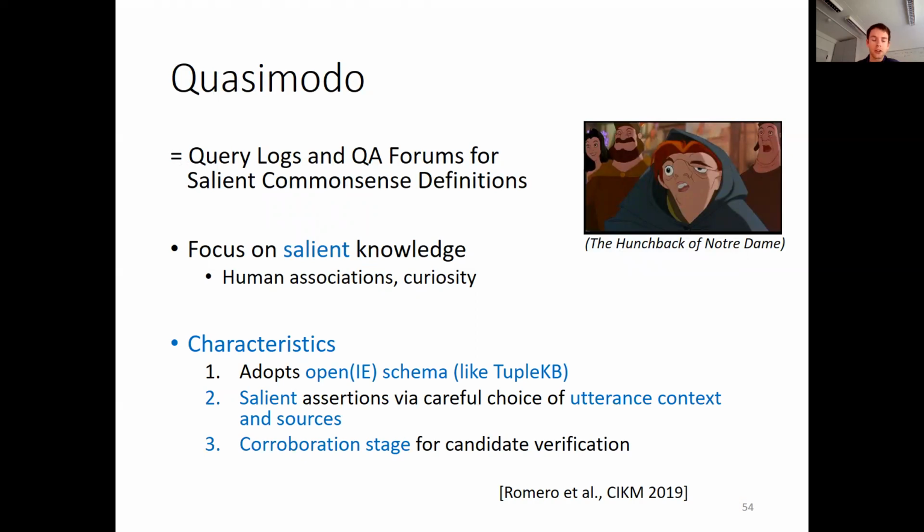And the characteristics of this approach is, again, an open IE schema like Tuple KB, a careful choice of sources and utterance context, we'll see in the next slides, that gets a handle on salient knowledge, and a supervised corroboration stage where multiple sources are merged.